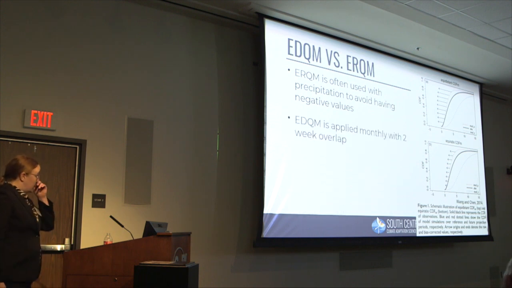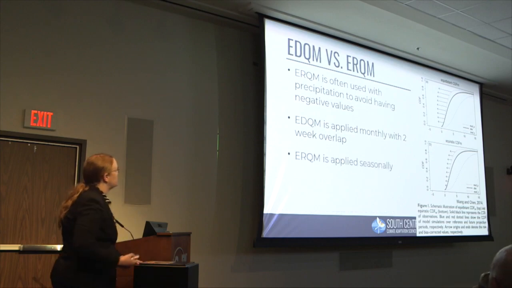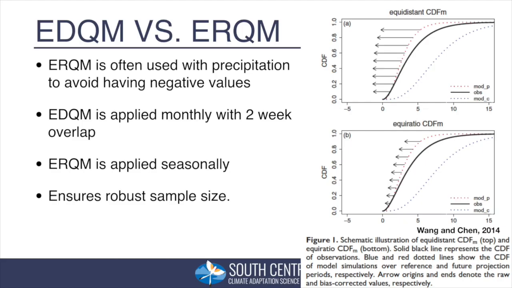The other notes about how we applied this: we applied it with a monthly 2-week overlap, which is to say, for example, when we're doing an EDQM relationship in July, it's using all of the Julys plus 2 weeks on either side, to help us capture seasonal cycles appropriately as much as we can. And the ERQM itself is not applied that way; it is applied seasonally, looking at December, January, February, for example.